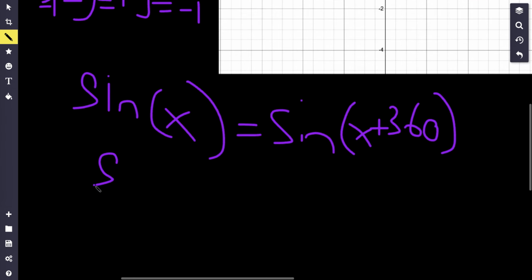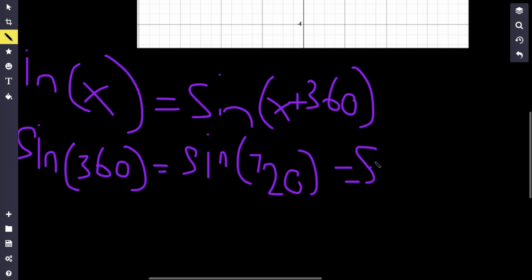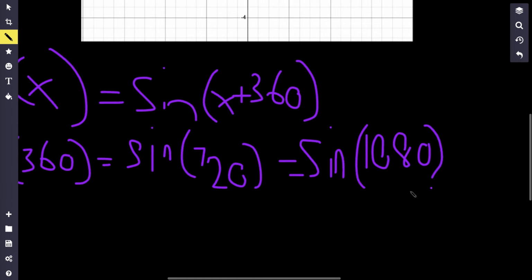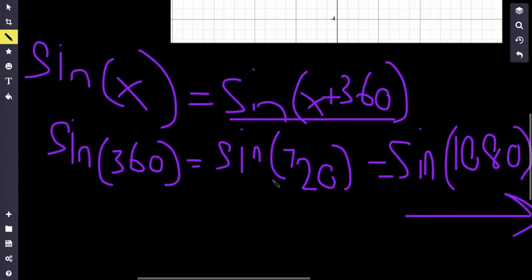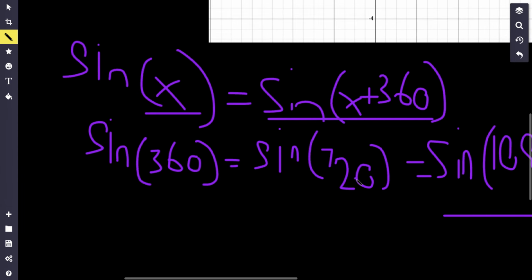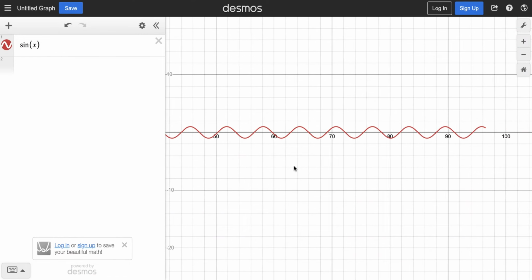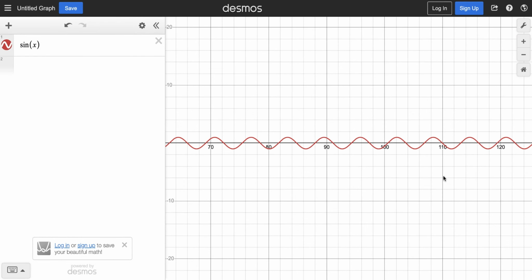That means sine of 360 is equal to sine of 720 degrees, which is equal to sine of 1080 degrees. And notice I can just keep adding 360 degrees to my angle, and all of those are going to be equal to each other, and it's just going to keep going on into infinity. This graph is just going to keep going on and on forever. So that's another important thing about sine: its domain is all real numbers.